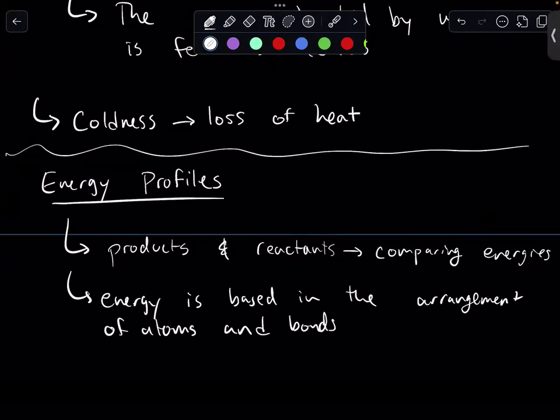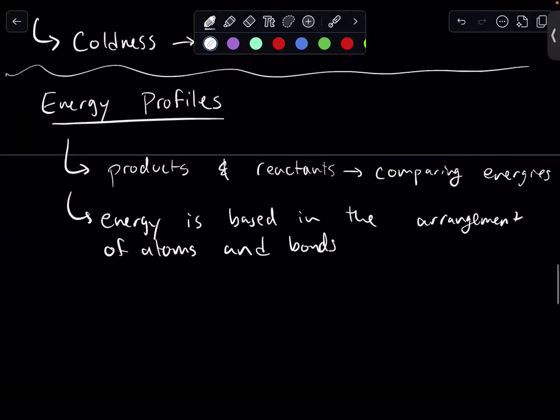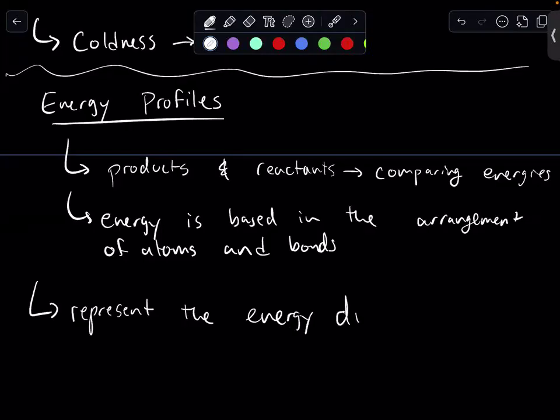Different bonds have different energies, and if you have more atoms to bond with, more double bonds, triple bonds, or bonds even between different atoms, you're going to have different amounts of energies. So we use an energy profile to represent the energy difference between reactants and products.